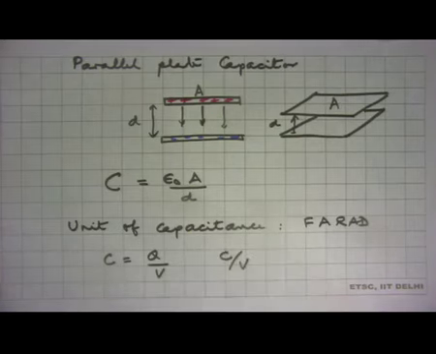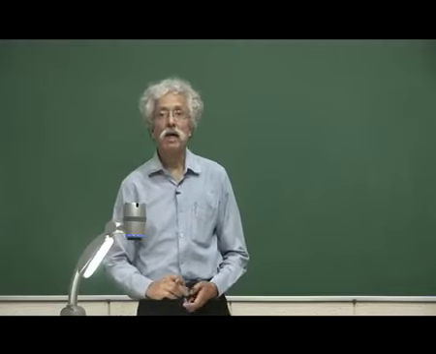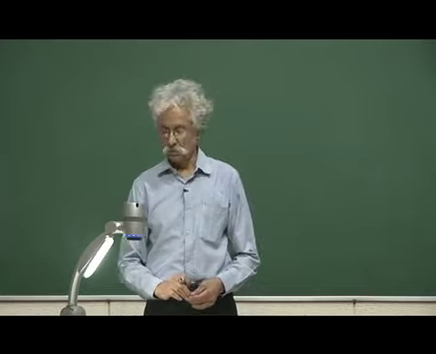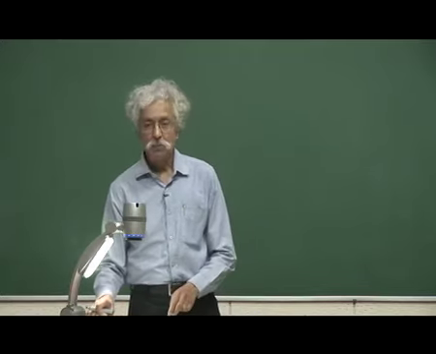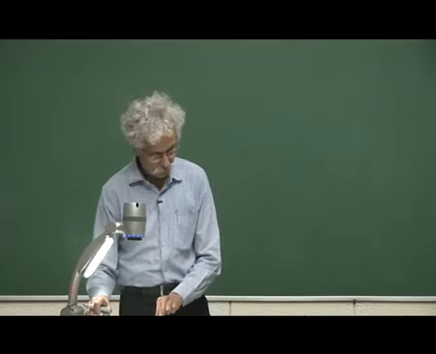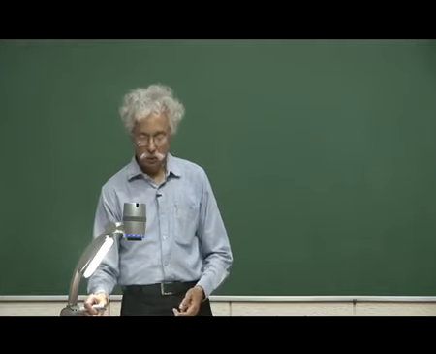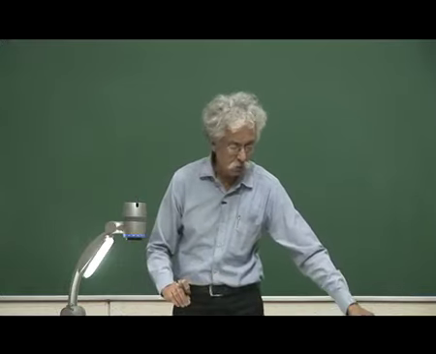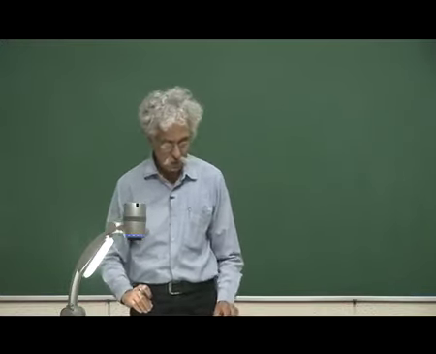Because C is Q by V, capacitance has units of coulomb per volt. 1 farad is 1 coulomb per volt. The farad comes from Michael Faraday's name. A farad is a very large capacitance. Typically in circuits we use microfarads or picofarads. We also looked at an example and showed that a typical capacitance you can get is about 10 picofarads.